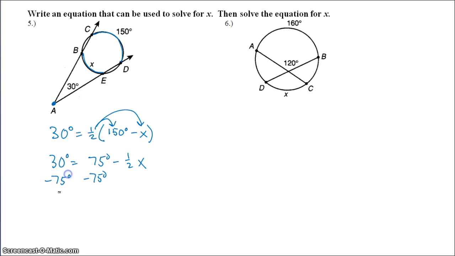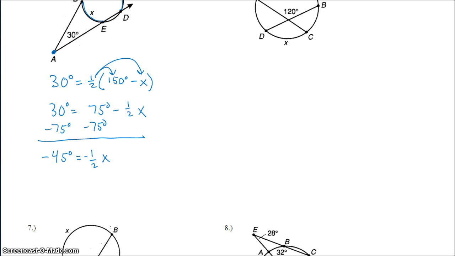Now I'm going to continue to solve by subtracting 75 degrees from both sides. Now to solve for x at this point, I could divide both sides by -1/2, but instead I want to multiply both sides by the reciprocal of -1/2.